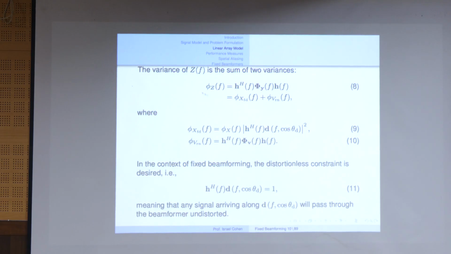Now we can compute the variance of the output of the beamformer. It's composed of two components: the variance of the filtered desired signal and the variance of the residual noise, like this. This is the distortionless constraint for a certain direction, you see?